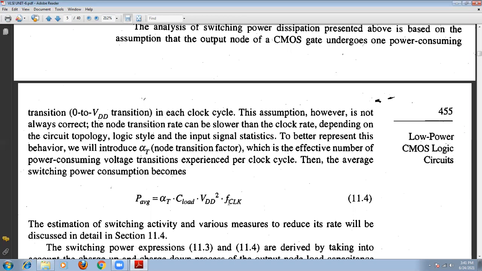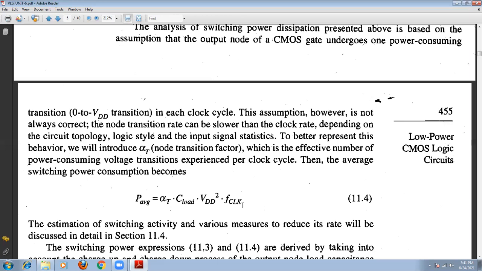Next, the power dissipation equations we gave previously, 11.3 and 11.4, take into account only the charge up and charge down process of the output node capacitance. In a complex CMOS gate, most of the internal circuit nodes also make a full or partial voltage transition during switching.